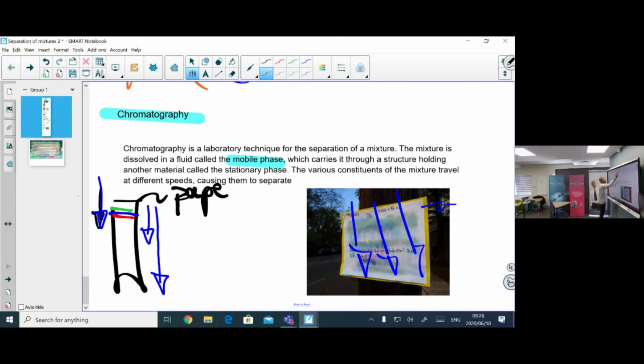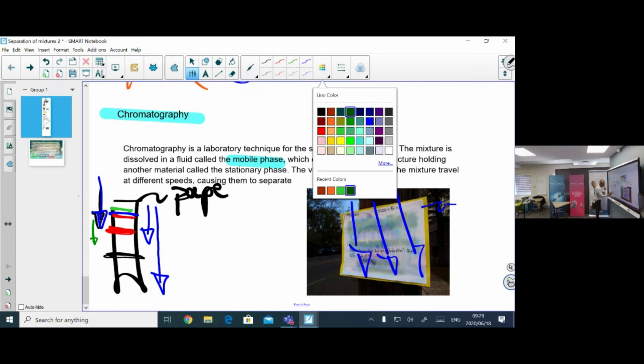In failing to run through, meaning they will settle higher up the paper, whilst ink with smaller particles will be able to run easier.